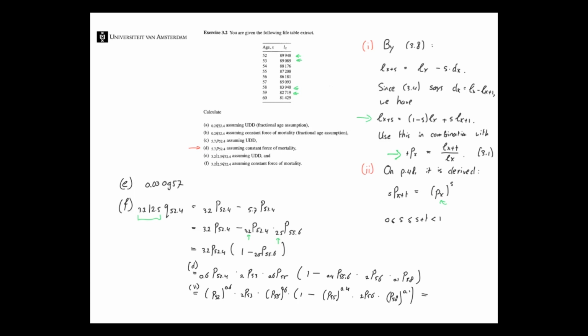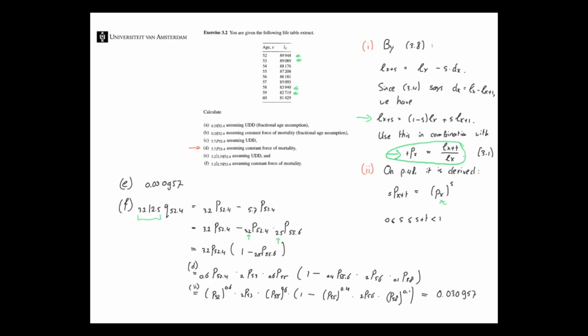And then, okay, there's one more step, but I will skip it, which requires us to rewrite all the survival probabilities, all 6, using this formula, and then plug in the numbers for the LX. But I promise it will give you the same answer as in E, which is this very small probability.